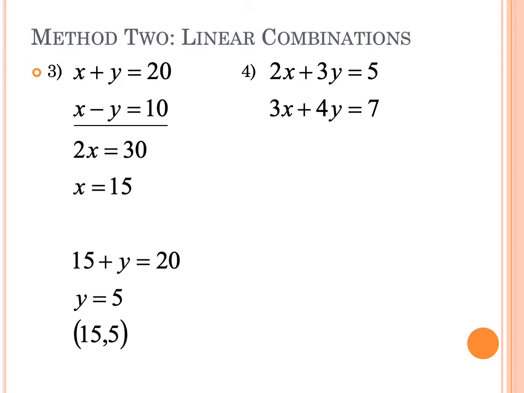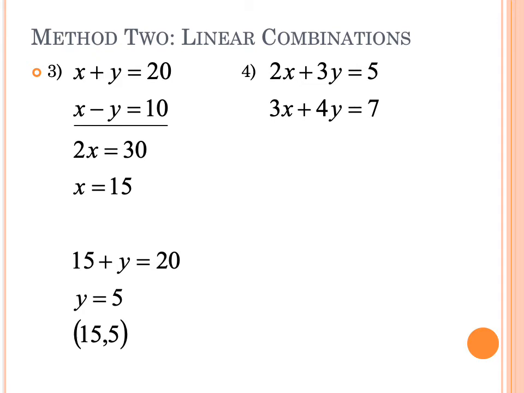Now, when we look at this second equation over here, you'll notice that there isn't as nice and clean a way as there was in problem 3 to cancel out the variables. If we add 2x plus 3x, that's 5x. If we add 3y plus 4y, that's 7y. So we don't have a nice, neat way of doing that. So what we're going to have to do is manipulate the equation some.